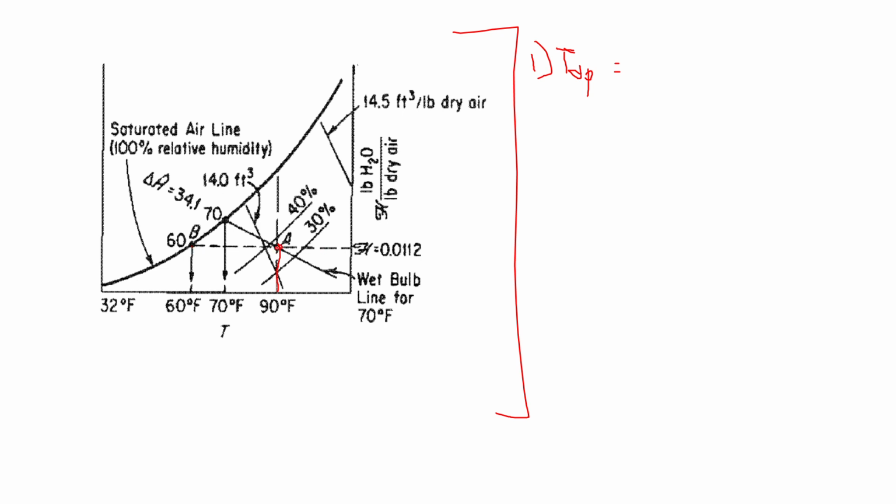Point A we get when we draw vertical lines from 90 degrees Fahrenheit and 70 degrees Fahrenheit. So this is the point A. At point A, when we draw a horizontal line till the saturated air line and extend it down, we will get the dew point. So when the air A is cooled at constant pressure, it will eventually reach a temperature at which it begins to condense. That is the dew point, and that is at 60 degrees Fahrenheit.